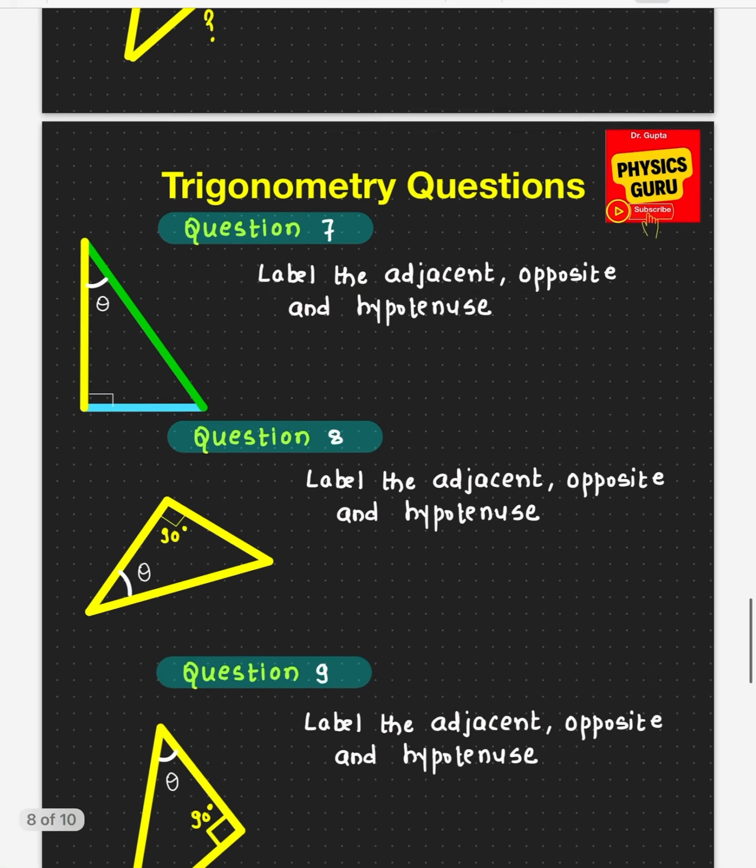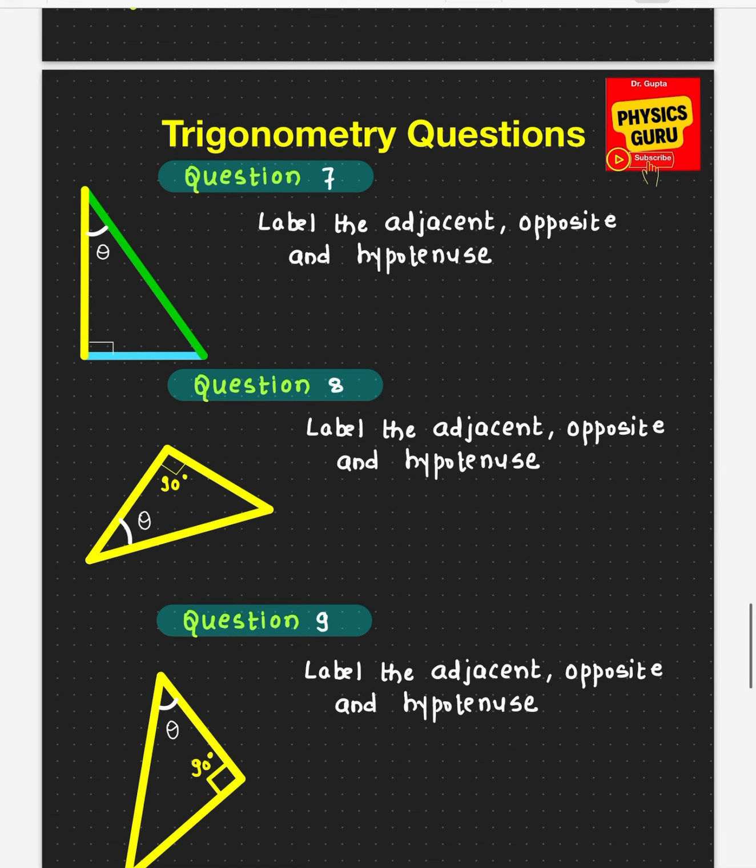And now we have a few more problems here based on what you learned in this video. In this problem here, this is again a right angle triangle because this is the 90 degree. So you have to label which is adjacent and which is the opposite and which one is the hypotenuse. Okay.